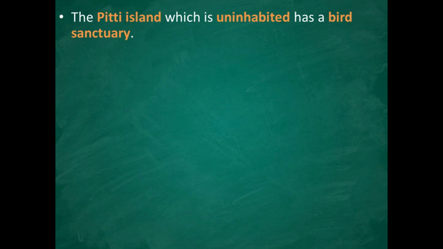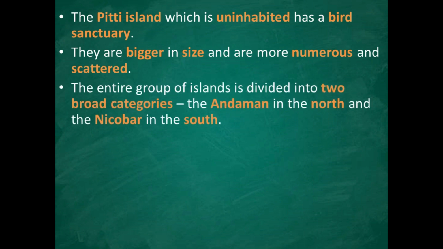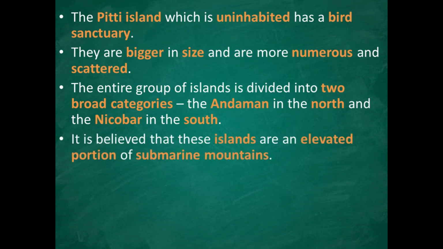The Pitti Island, which is uninhabited, is a bird sanctuary. They are bigger in size and are more numerous and scattered. The entire group of islands is divided into two broad categories, the Andaman in the north and the Nicobar in the south. It is believed that these islands are an elevated portion of submarine mountains.